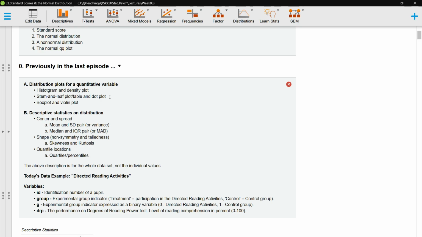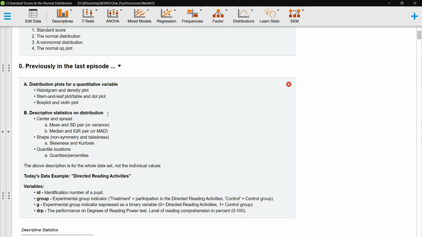And we also have box plots and violin plots. All these plots are kinds of distribution plots that visualize the characteristics of the distribution for the quantitative variable.